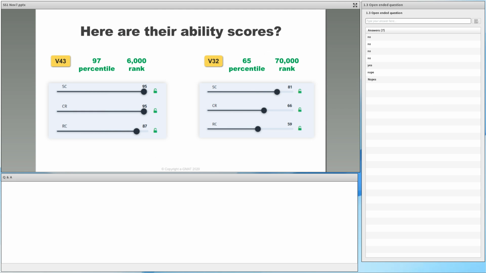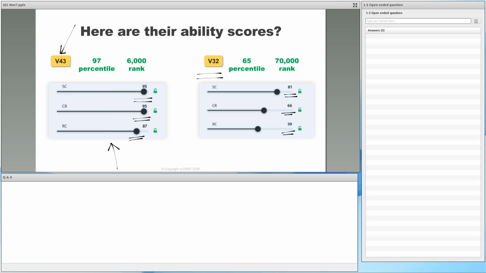So if we can't figure it out from this matrix, then how can we figure it out? We have to look at what we call the ability matrix over here. This is student 1, the guy who actually got a V43. That's his ability matrix. You can see he scored 95th percentile in SC, 95th percentile in CR, and 87th percentile in RC. And this is student 2. He scored 81st percentile in SC, which was his best subsection, just 66th percentile in CR, and 59th percentile in RC.